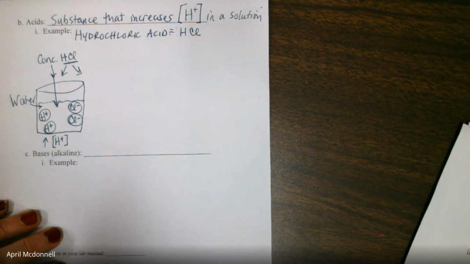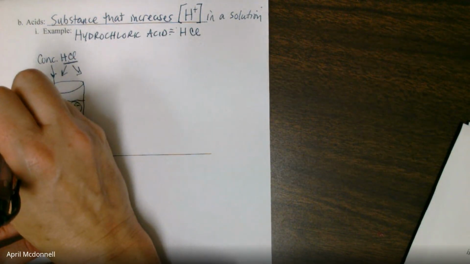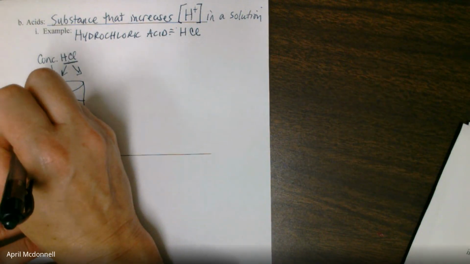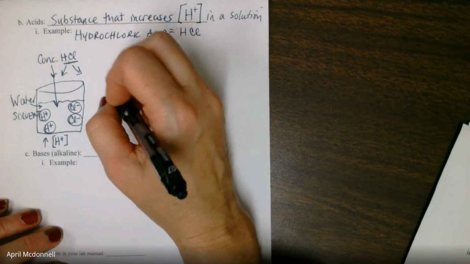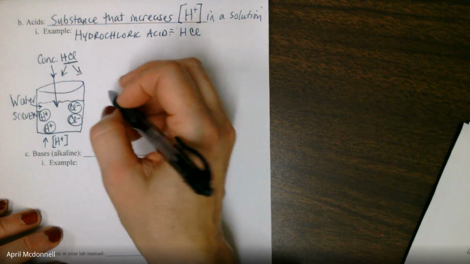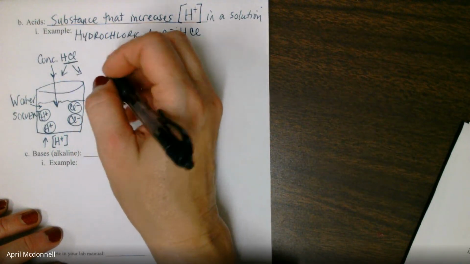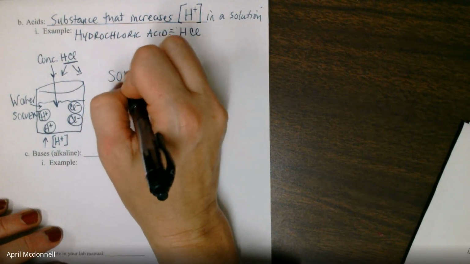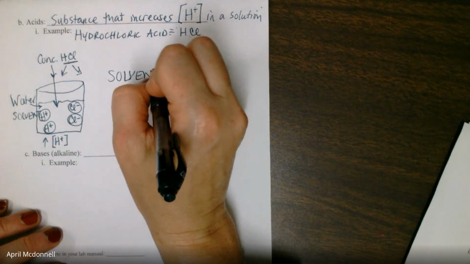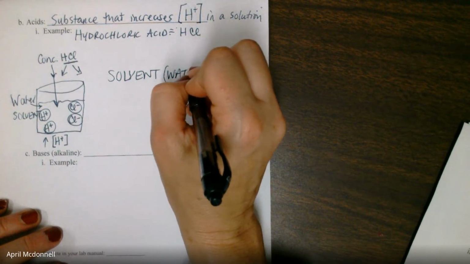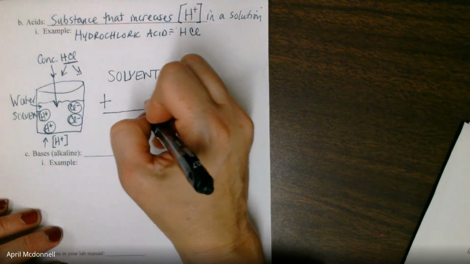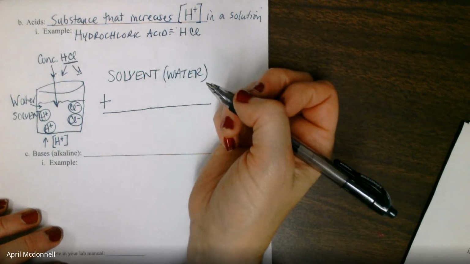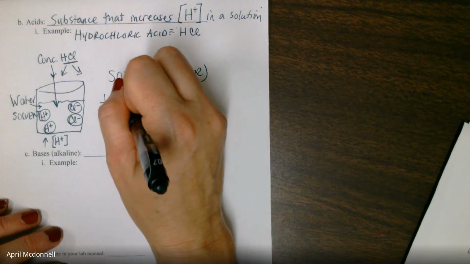Okay, I want to introduce a couple more terms. Unfortunately, I'm so sorry, but water is always called the solvent in biology. So I'm going to do a very basic math equation right here, an addition problem. Solvent, which in biology is always water, and I'm going to add it with a substance that I'm going to call a solute.